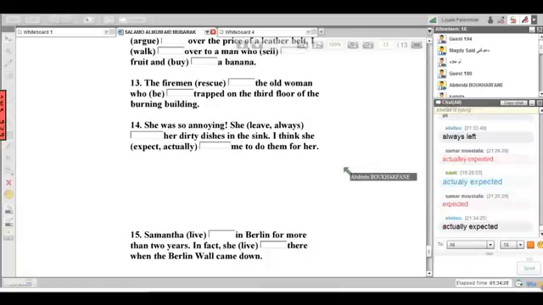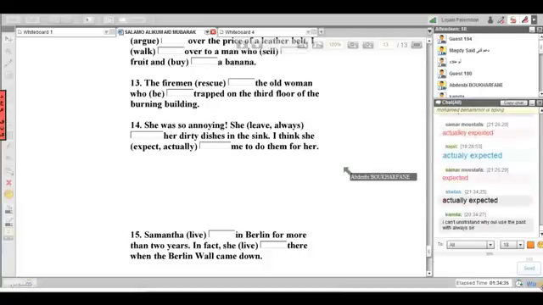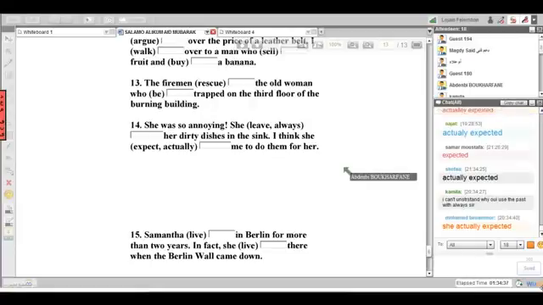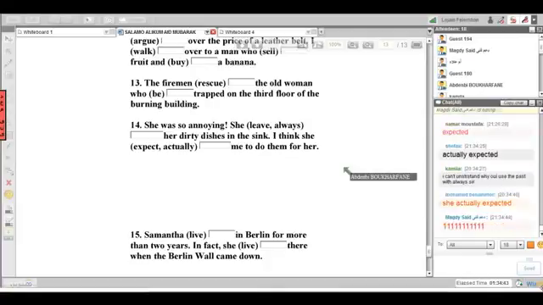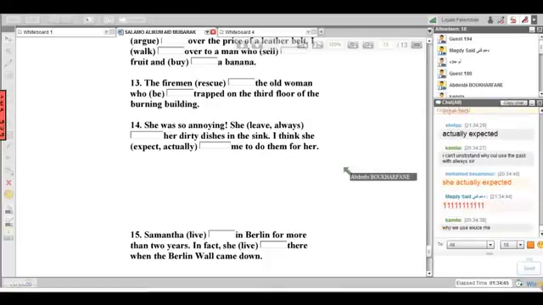Samantha lived in Berlin for more than 2 years. In fact, she lived there when the Berlin Wall came down. Okay? Lived there. The first live, is it the simple past or past continuous?